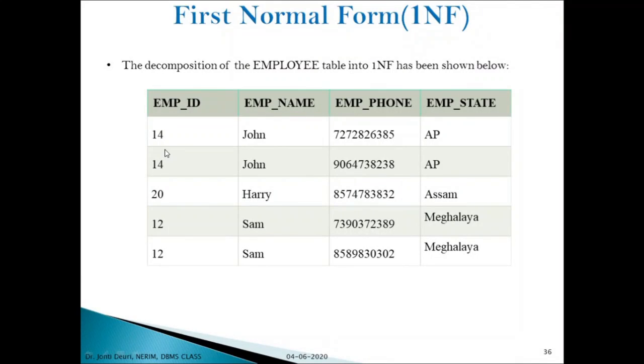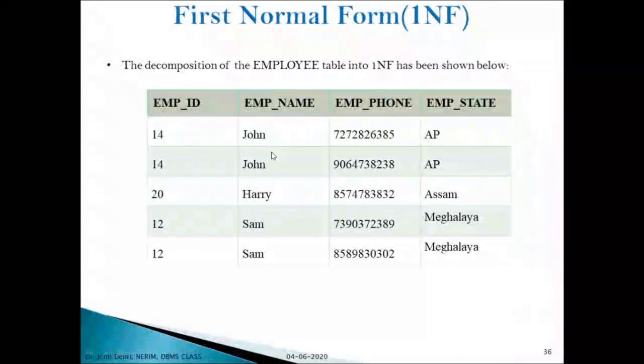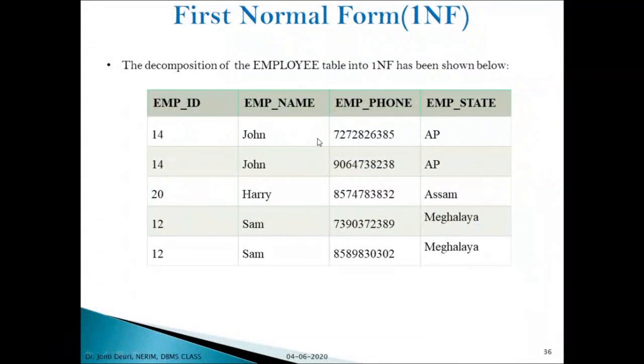The repetition is there, but it doesn't matter in the first normal form, because our main property is that an attribute cannot hold multiple values. It can have only one value. That property is now satisfied, so this is in the first normal form.